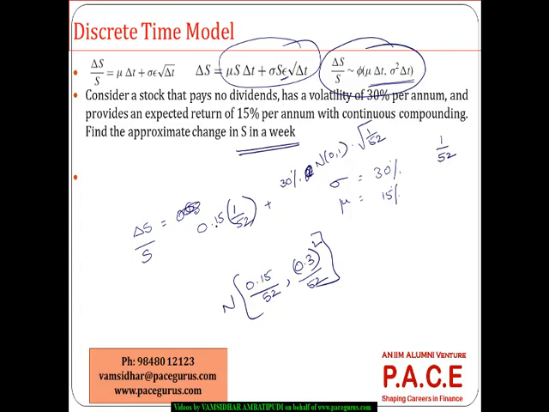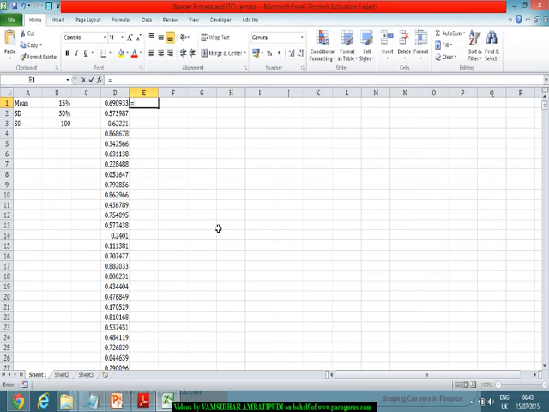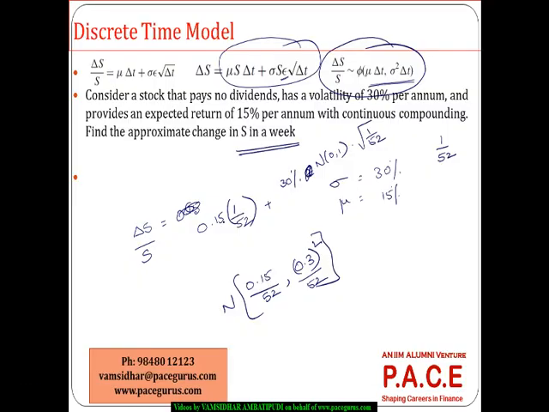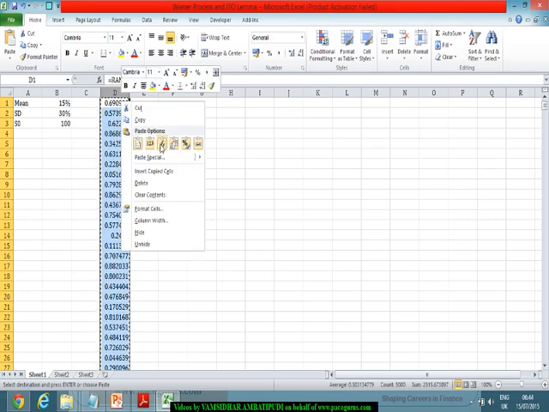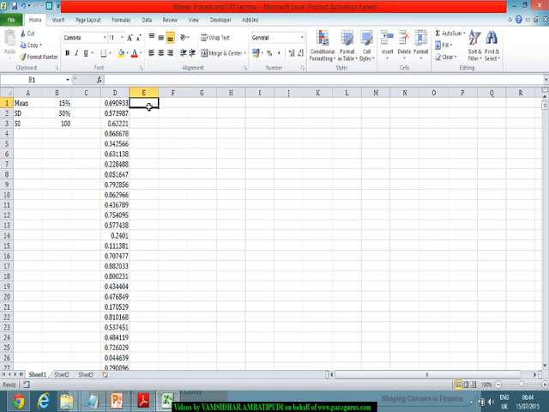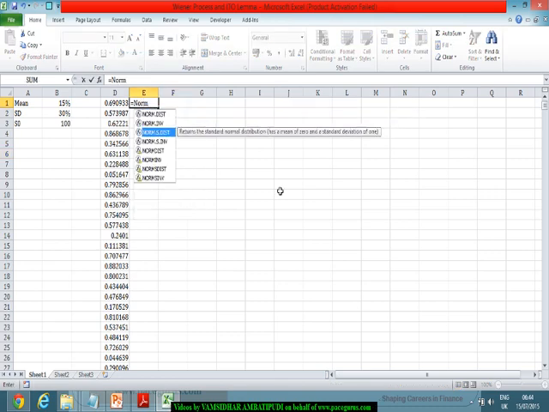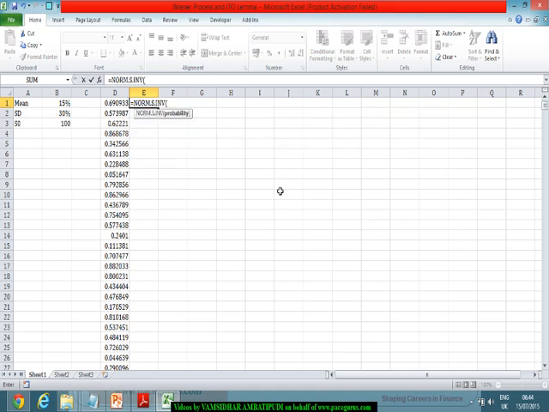Now what I do is I convert it into a normal variable, or standard normal variable, because epsilon is a standard normal random variable. So I fix these values, otherwise they keep changing, and I'll do what is called NORMSINV of this particular value in Excel.